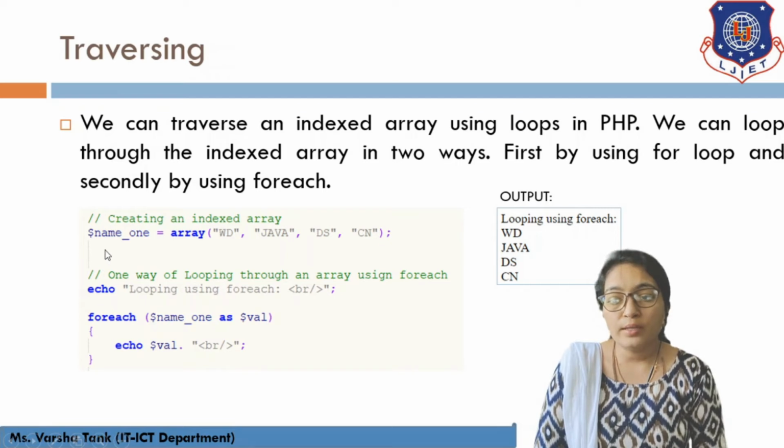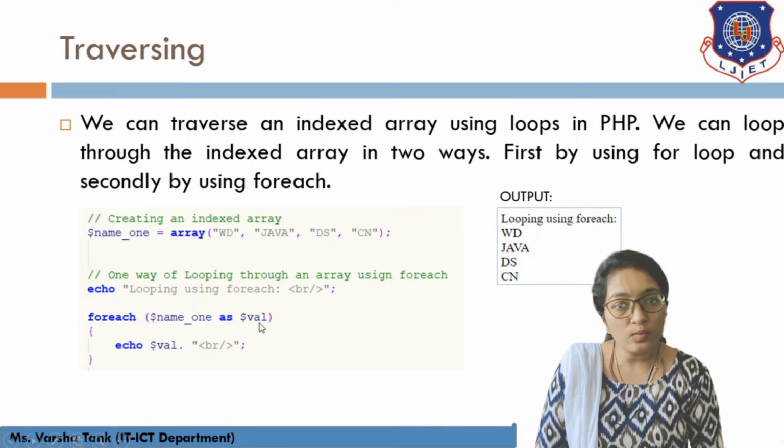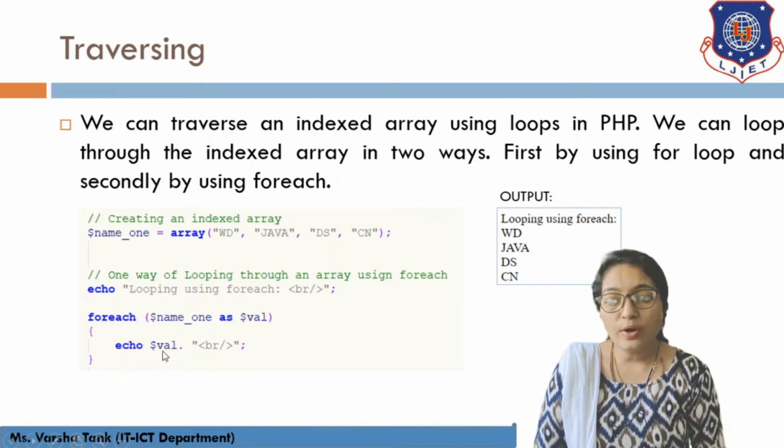Now here the array is created the same as we created in the last slide. $name1 is equal to array WD, Java, DS and CN. This example we have already seen in the last lecture. Echo looping using foreach. Now foreach $name1 as $val.